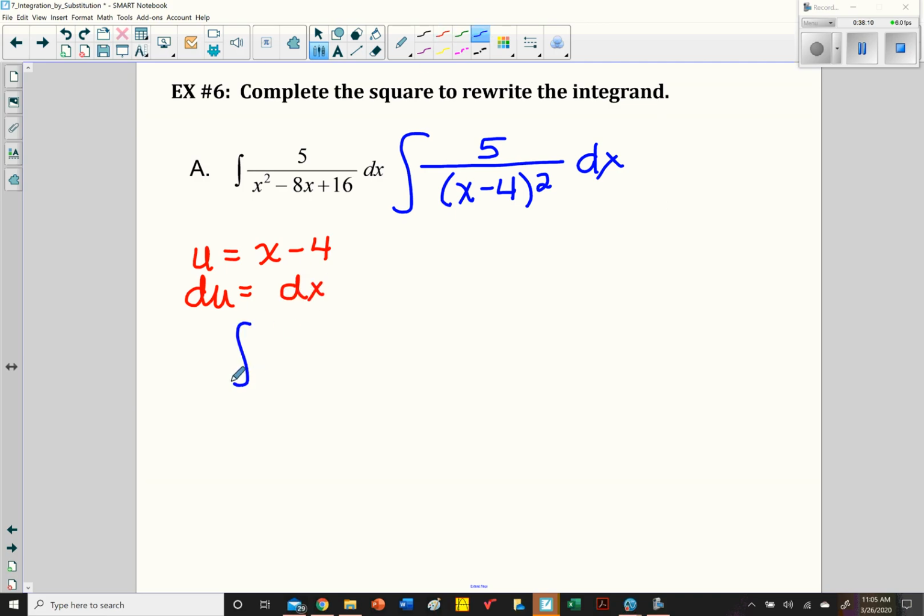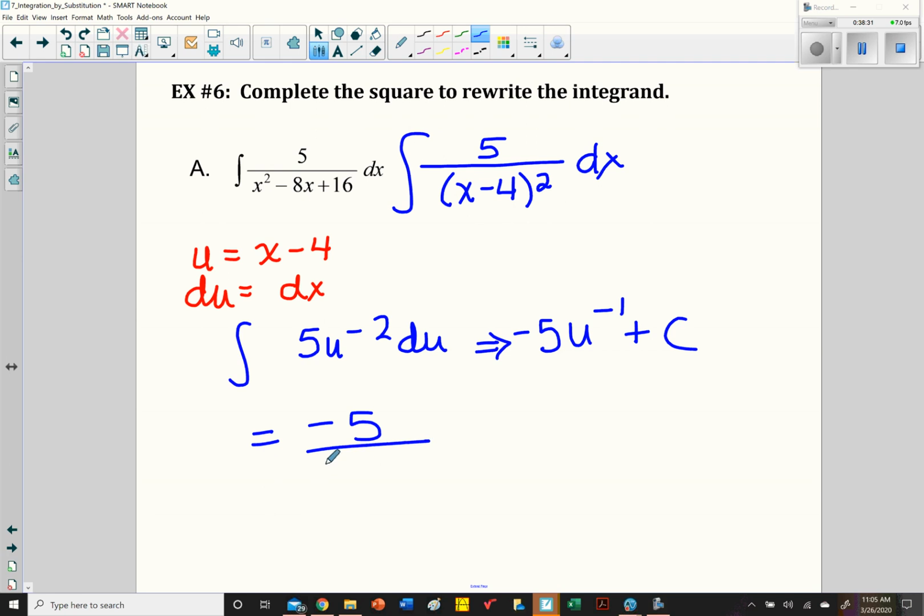That would make our integral 5u to the -2, add 1 to -2 and divide by -1. Antiderivative is 1 over x minus 4 to the first power plus a constant.